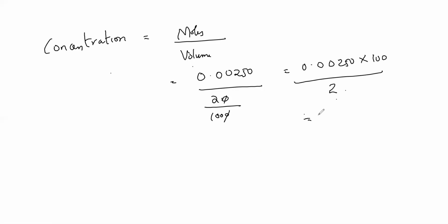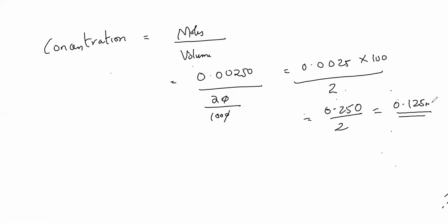Correct? Since this is the last zero, I can just cut it. If I put the 2 zeros, this will be shifted. It will be 0.25 by 2, which is 0.125.